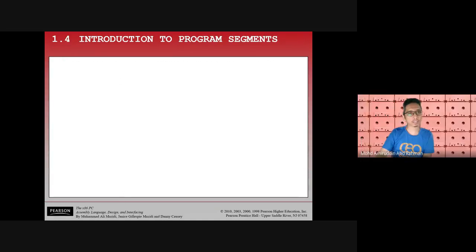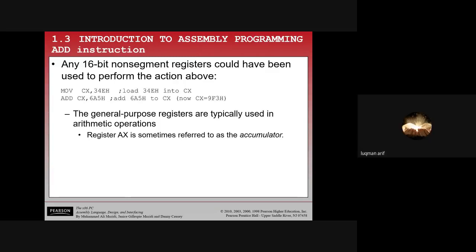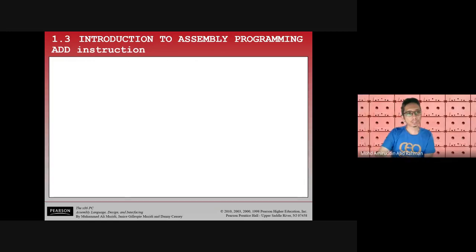Doctor, what is the difference between segment register and non-segment register? Okay, so we only have one type of segment register.